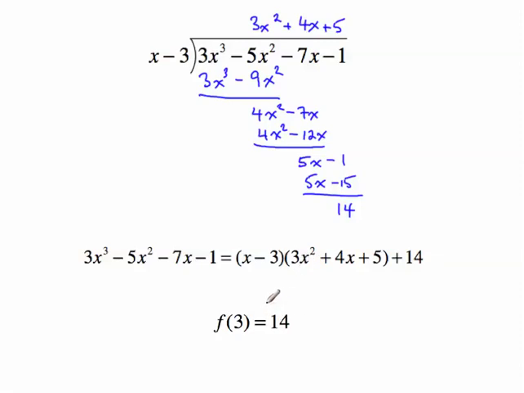And then we showed that that means that if you substitute in a, the value that makes the divisor 0, into the function, the answer you get will always be the remainder, because substituting 3 in this example in here will turn this into 0, making all of this into 0 and leaving only 14 as the answer, which must be the same as the answer on this side when you substitute in 3. That was the remainder theorem.